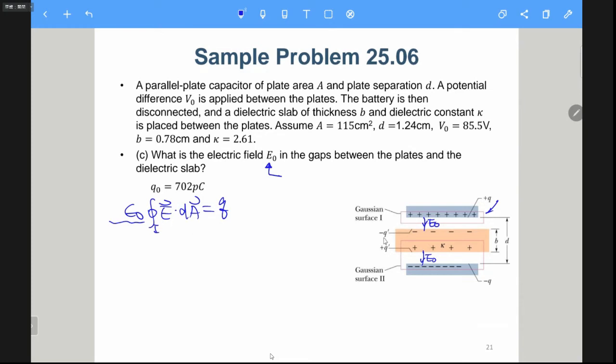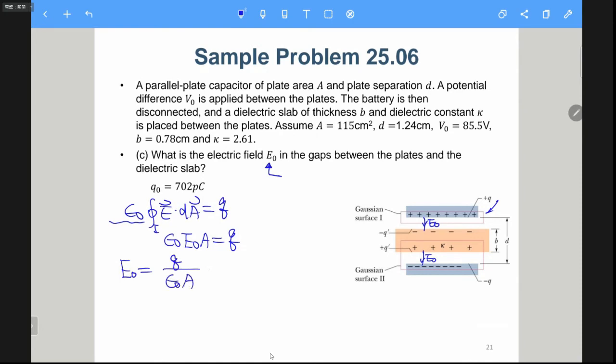As it is uniform, it is nothing but epsilon naught E0 times A equals Q. So E0 is nothing but Q over epsilon naught A.